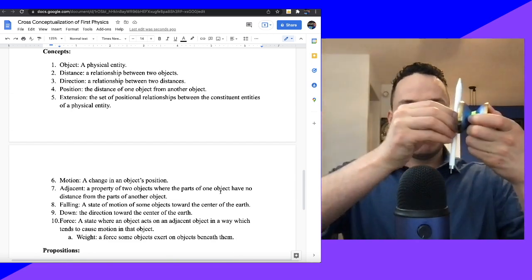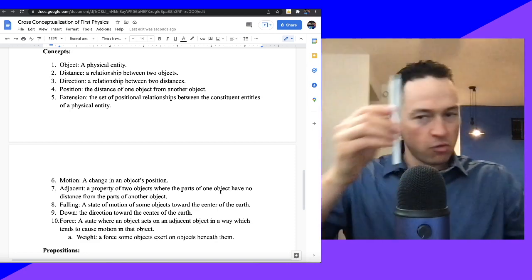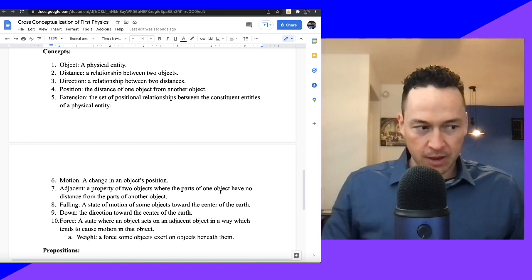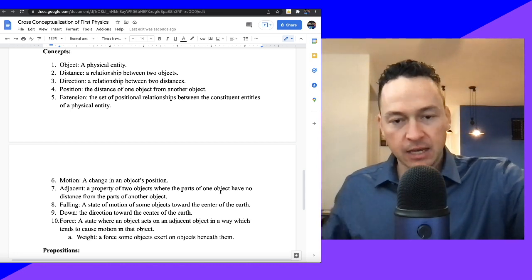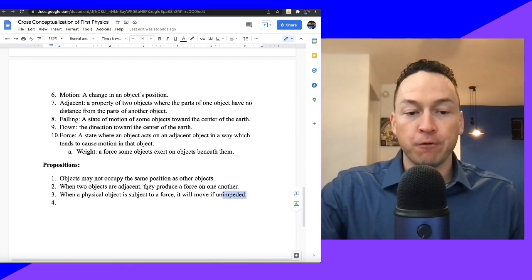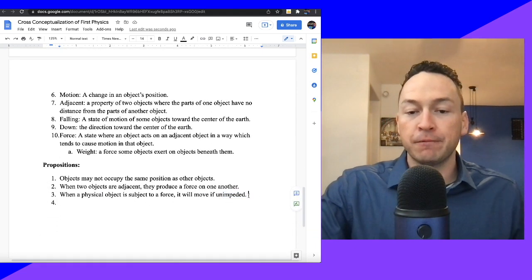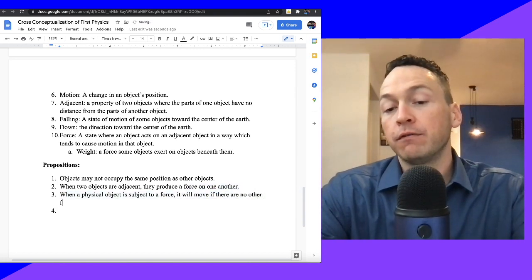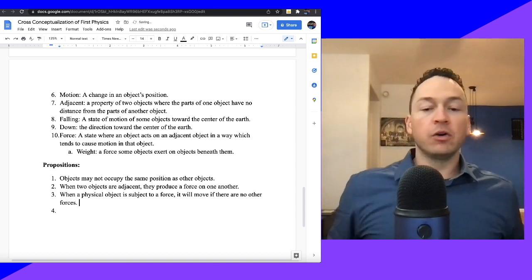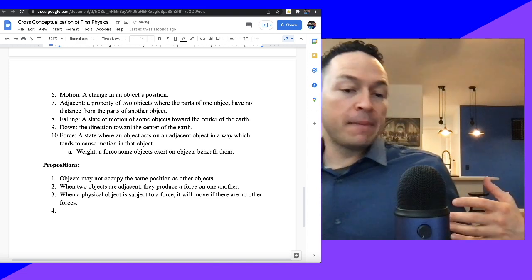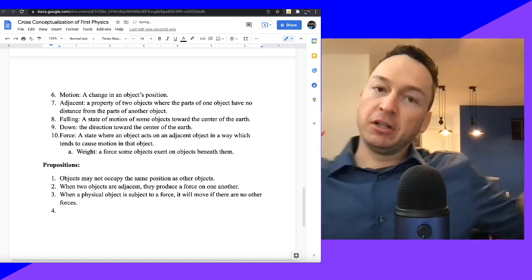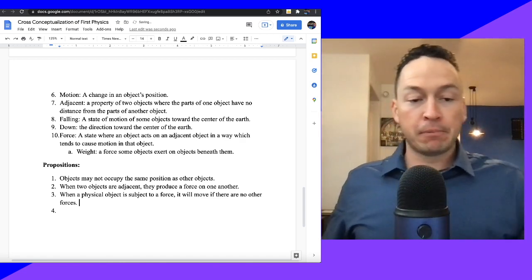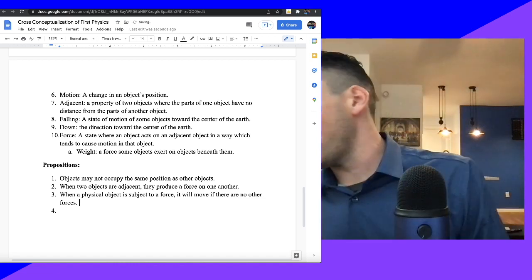So what is impediment? Well, this thing's moving. Oh, but there was another object in the way. But that's just another force. So when a physical object is subject to a force, it will move if there are no other forces, maybe. Okay, but here's the thing. What about two dudes both pulling on a rope in the classic game of tug of war? In such a game, one man will prevail. Why? Well, he was stronger. What does stronger mean?